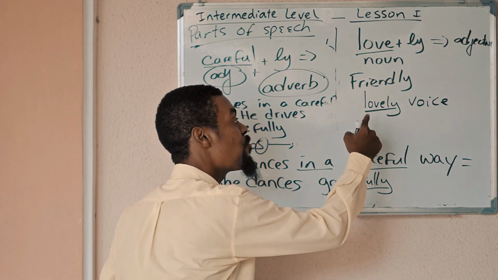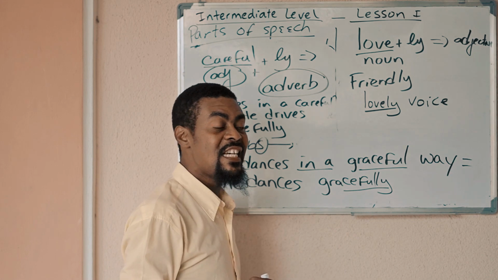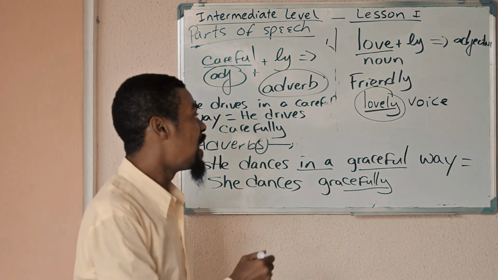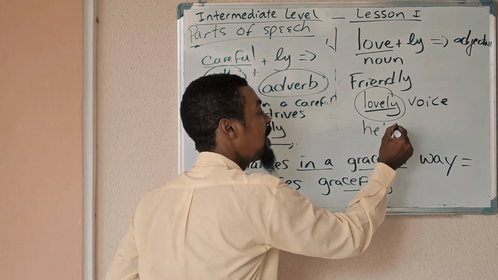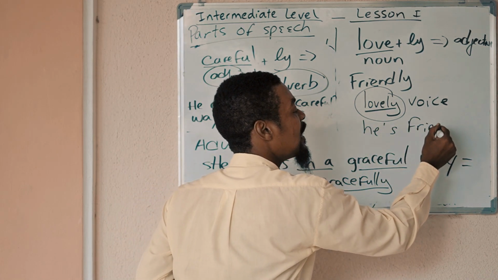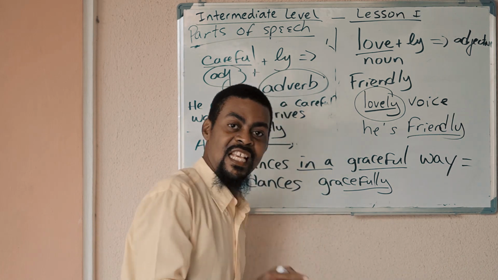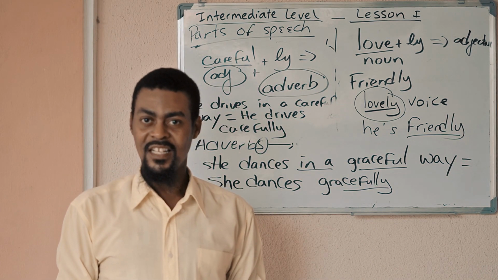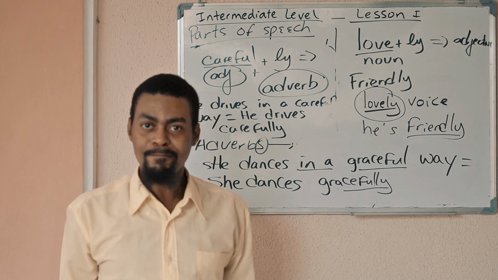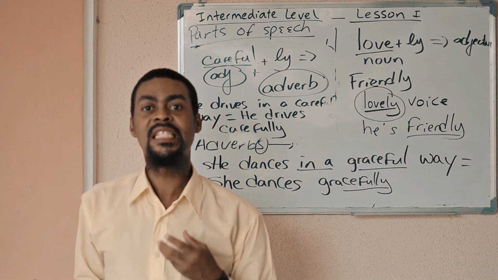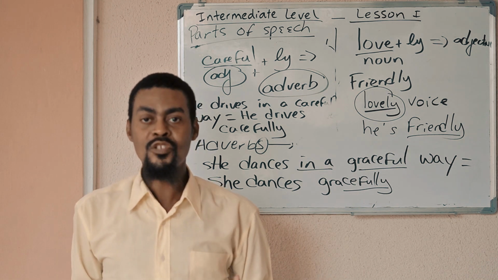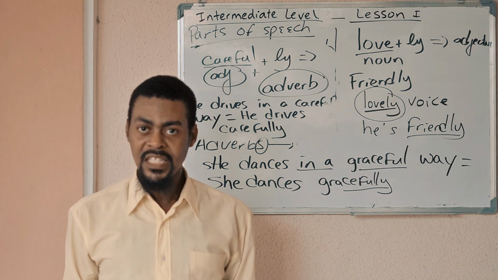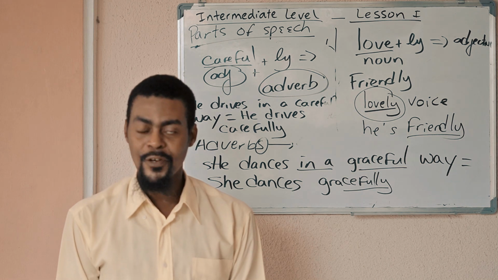Someone who has a lovely voice, so lovely now is an adjective. When you say he is friendly, friendly is not an adverb, it's an adjective. John is friendly. It qualifies John. It tells you how John is. He's friendly. She's lovely. So lovely is not an adverb.